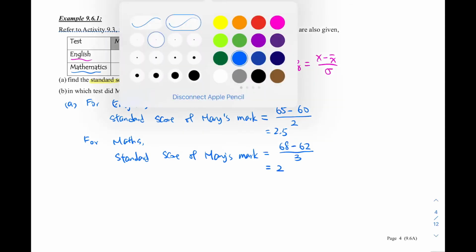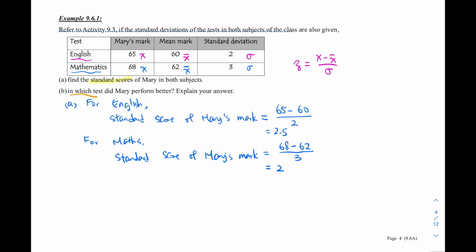B. In which test did Mary perform better? You have to interpret what it means by performing better. Performing better means having higher marks. Because the marks are in different subjects, you have to compare the performance of Mary in these two subjects by considering the standard score, and not only studying the marks.